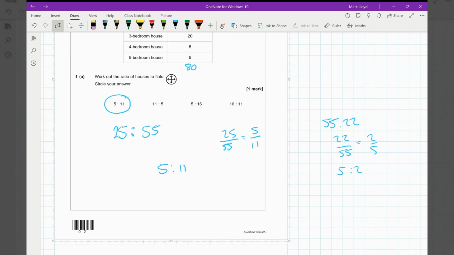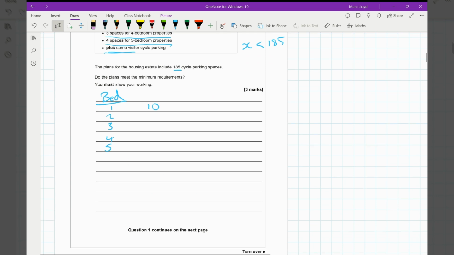But of course, I've done these questions before I've gone online. I've learned from my previous mistakes. I shouldn't just answer them without checking my answers. And we've got 15 and 25 2-bed properties, 20, 5, and 5. And of course, I don't need to really do anything with that. It's multiplied by 1, multiplied by 2, by 3.